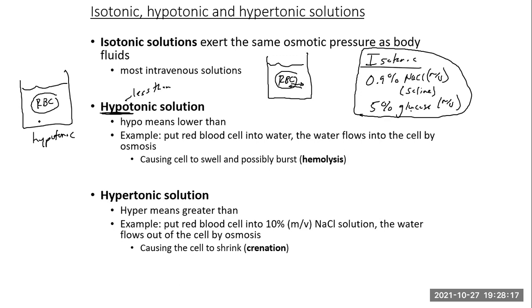So what's going to happen in this particular case is basically the solution outside is going to decide, well, I want to go and dilute the red blood cell. It's more concentrated inside the cell.